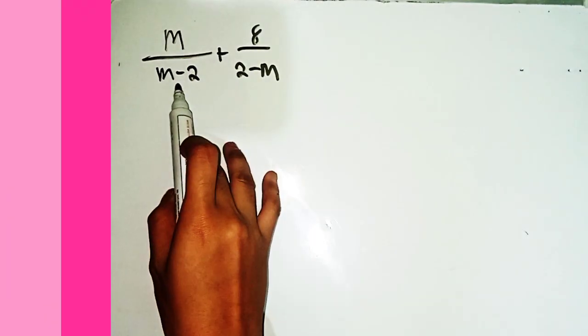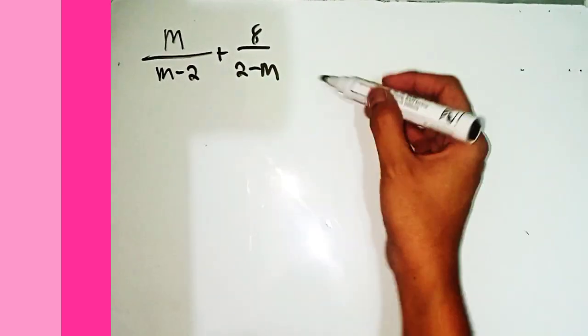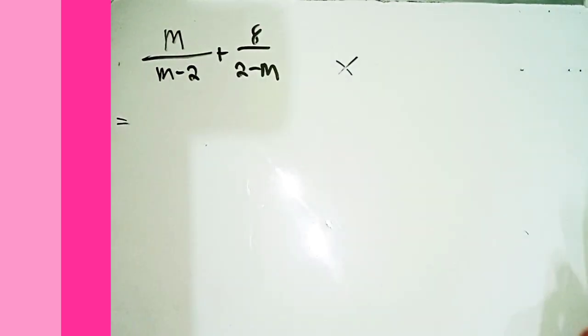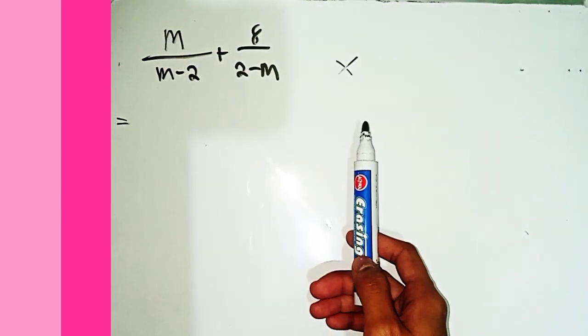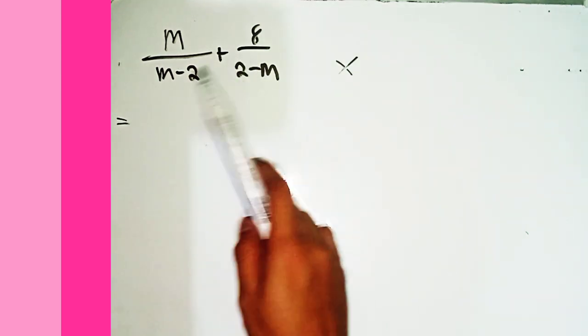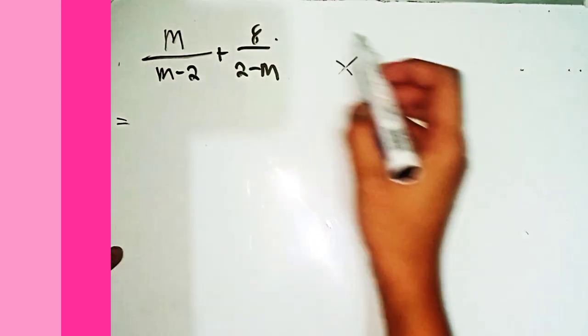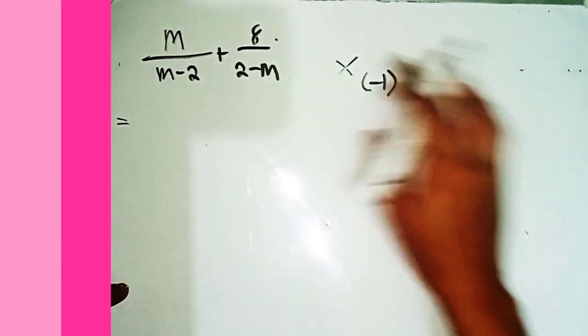We have m all over m minus 2 plus 8 all over 2 minus m. So since they don't have the same denominator, we cannot add them. So get their LCD first. In order for us to get their LCD, we should reorder the denominator of 8. Let us multiply the 8 and 2 minus m by negative 1.